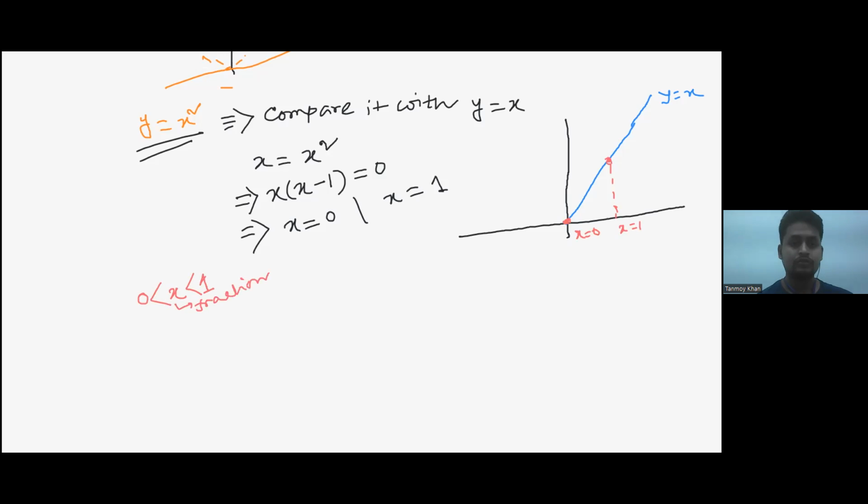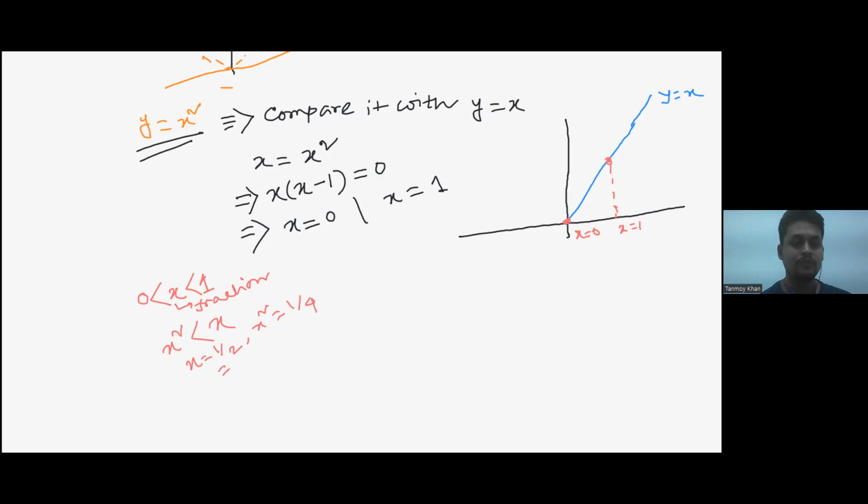So in this region, we know x square will be less than x, because any kind of fraction is greater than its square. Let me take an example. If x is equal to half, that means x square will be 1 by 4. So which one is greater?